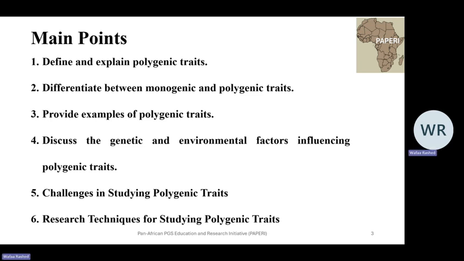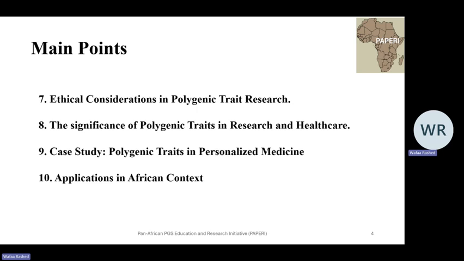Research techniques used for studying polygenic traits. Ethical considerations, which are very important when you are doing polygenic trait research. The significance of polygenic traits in research and healthcare. A case study about polygenic traits in personalized medicine. And finally, applications in the African context.